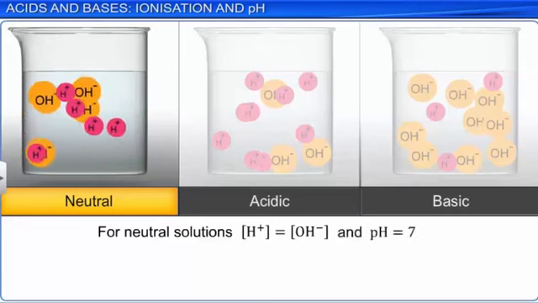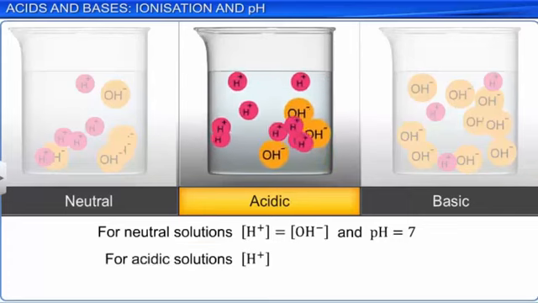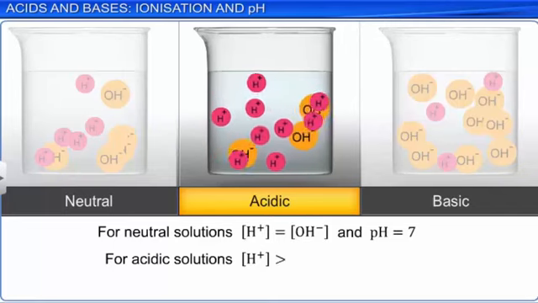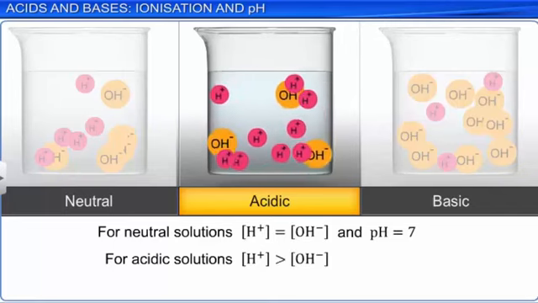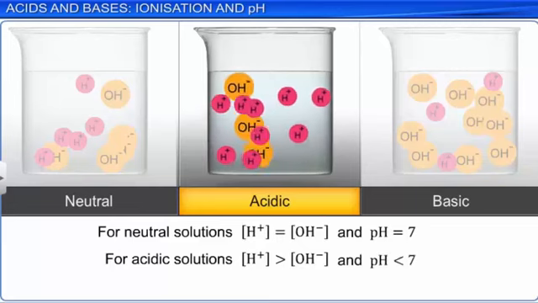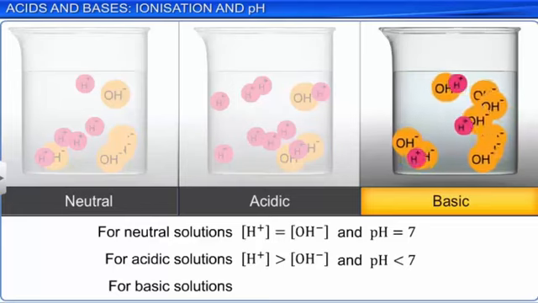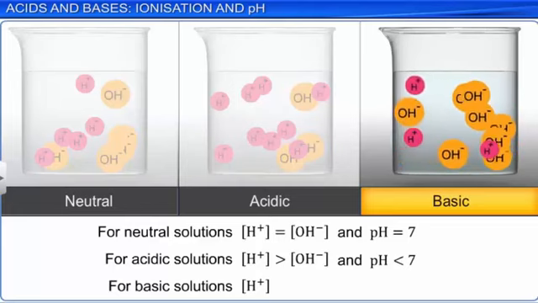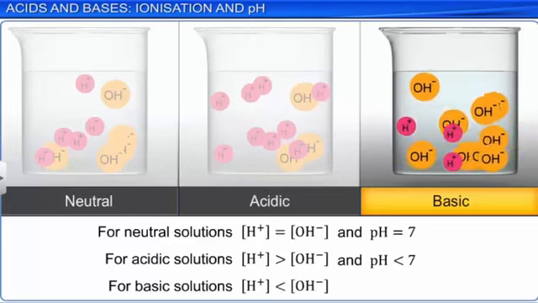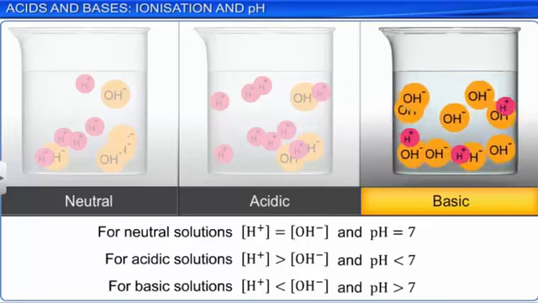For acidic solutions, the H plus ion concentration is greater than the OH minus ion concentration, and the pH is less than 7. For basic solutions, the H plus ion concentration is less than the OH minus ion concentration, and the pH is greater than 7.